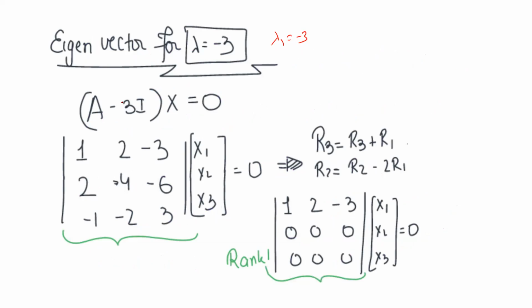So how can we find it? A minus lambda 1 I, x is equal to 0. So put in the values x1, x2, x3. Apply all these elementary operations, making the process of echelon form. We have to get this.